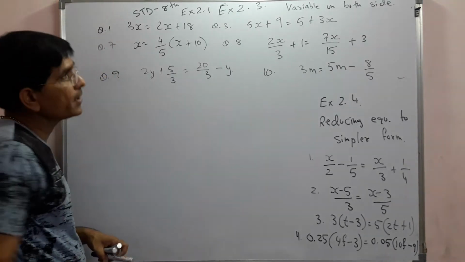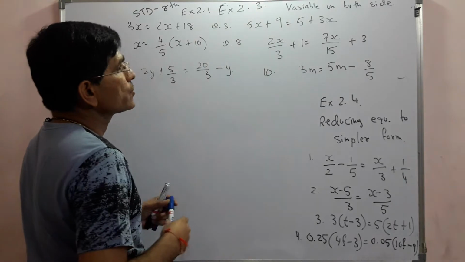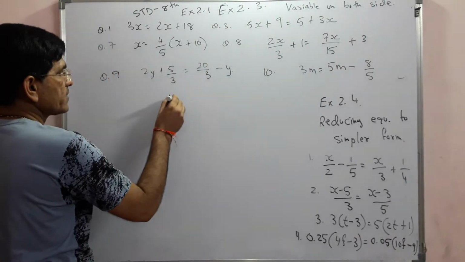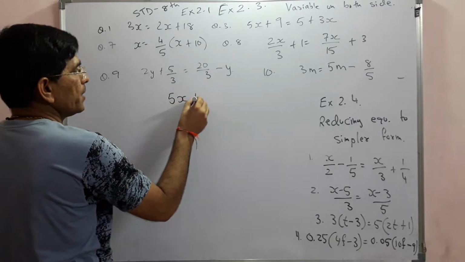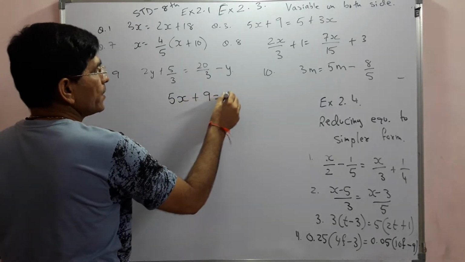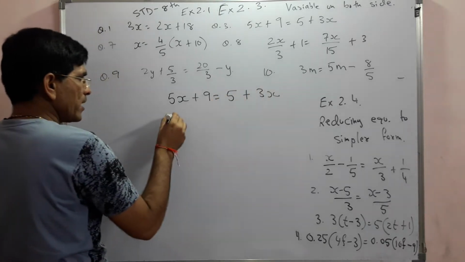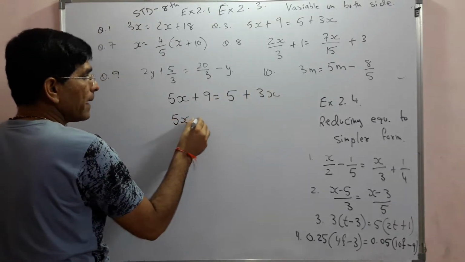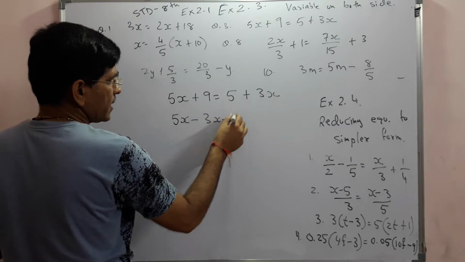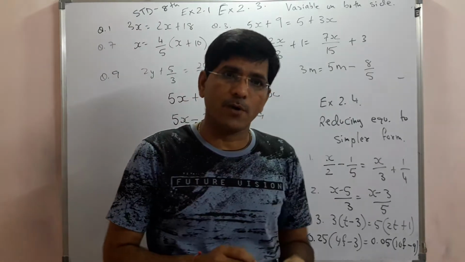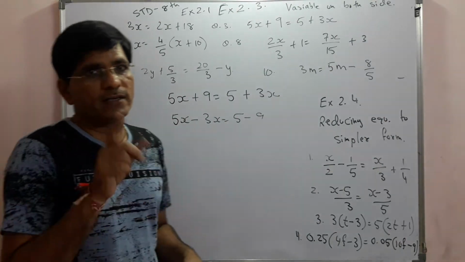Now sum number 2, same concept. First I write the question: 5x plus 9 is equal to 5 plus 3x. Now 5x minus 3x is equal to 5 minus 9. That is an important step. What is our target?